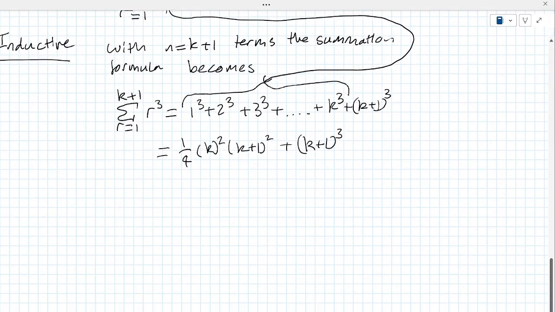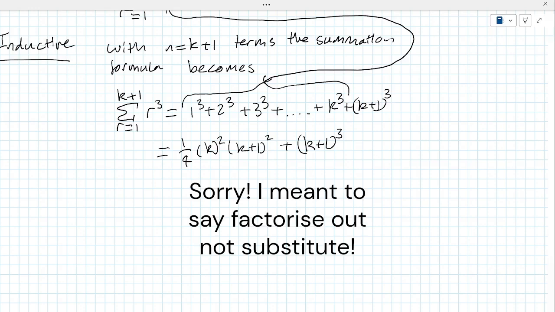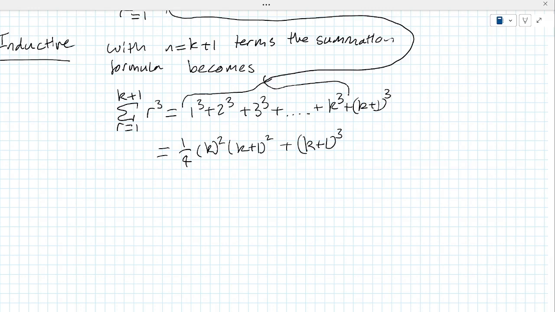With this new equation that we now have, from these two we can already factor out k plus 1 squared, so then we get k plus 1 squared, brackets 1 over 4 k squared plus k plus 1.